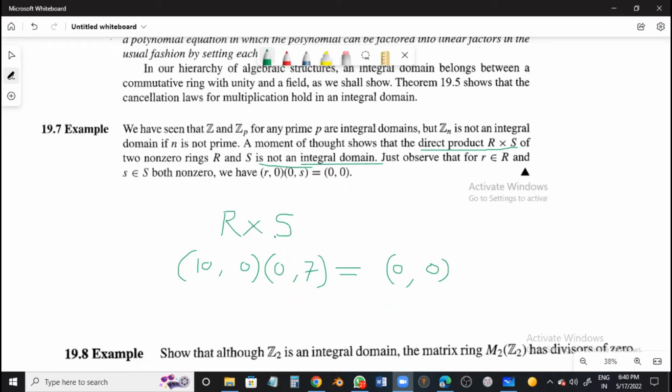So always be cautious about determining an integral domain. I feel you're satisfied. Okay, then I proceed ahead.